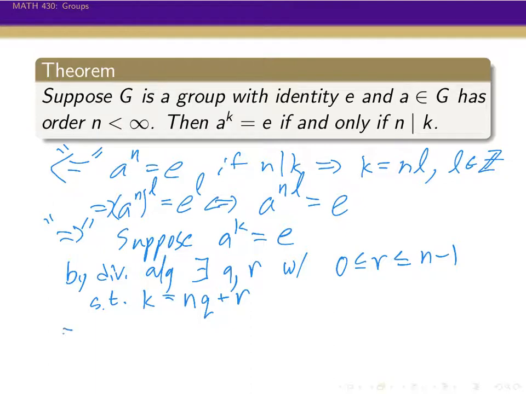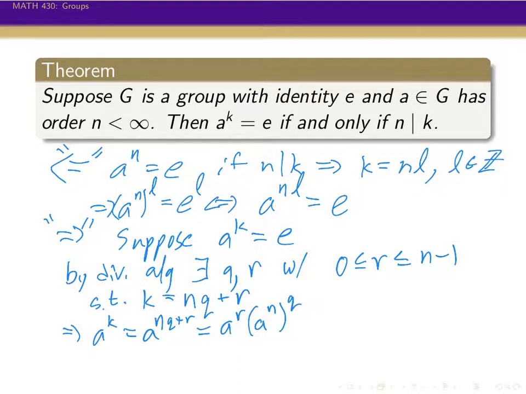Then we can think about a to the k as being a to the n q plus r. And then we can break that off. I can pull out the a to the r part, and what I'm left with is a to the n times q, which I can think about as being a to the n applied to itself q times.